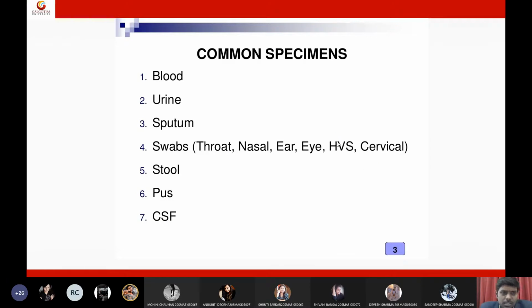One second, let me see what this HVS sample is. High vaginal swabs sample. Okay, so high vaginal swab samples. So these are the specimens that we can collect.